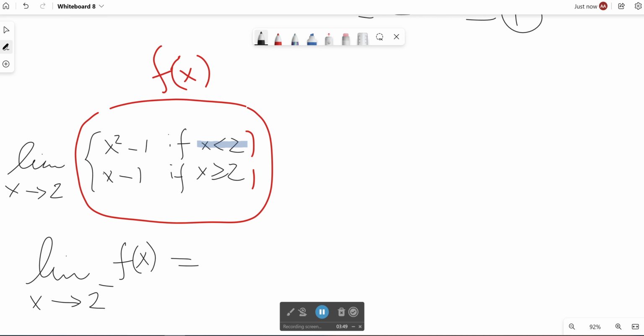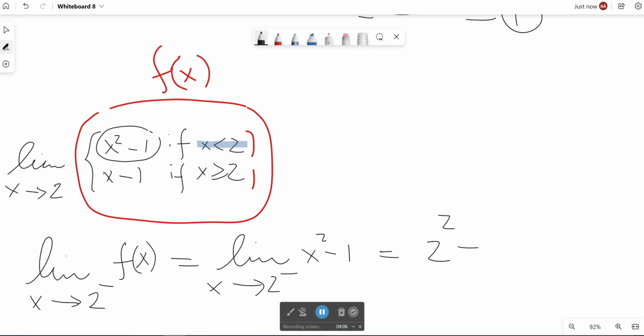So the f of x at that point is a closed form function, which is x squared minus 1. And therefore, I can plug in 2 for x and get my limit of 3. So that's the left limit.